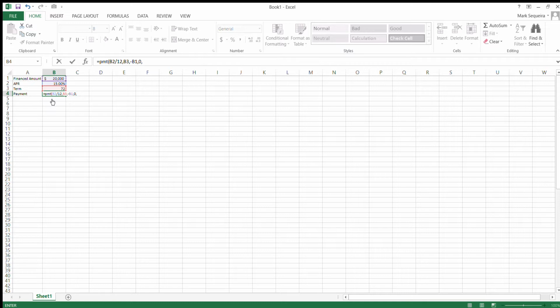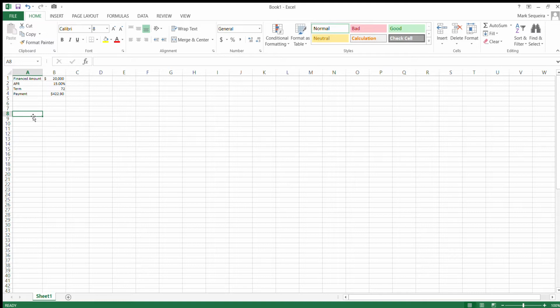And then for type, they're just saying for this type of instrument, do we want to consider the payments as of the beginning of the month or the end of the month? And for us, we're going to use the end of the period. Okay, that's usually how people pay. Close the parentheses, and you'll see we get a payment of $422.90.